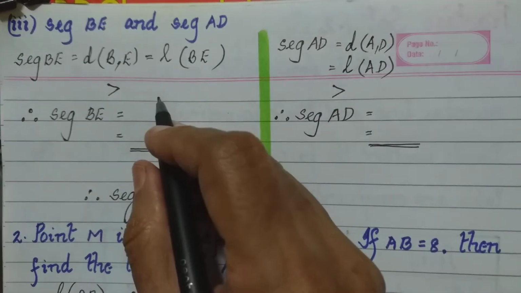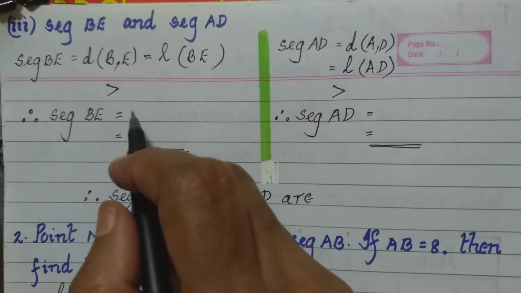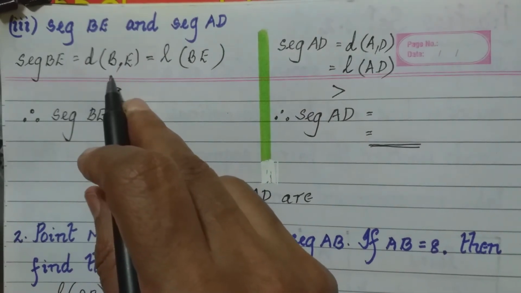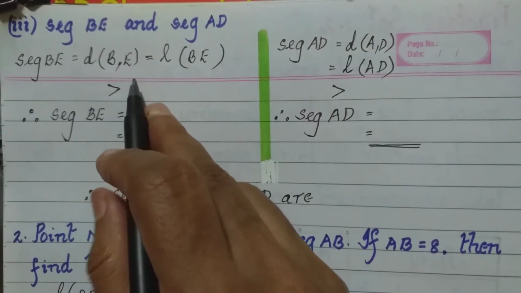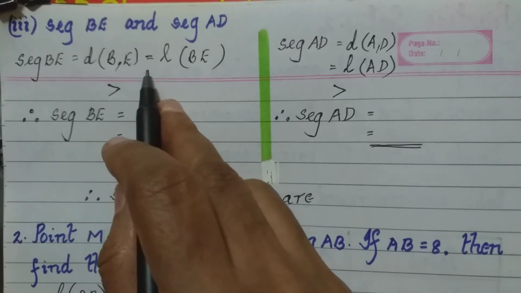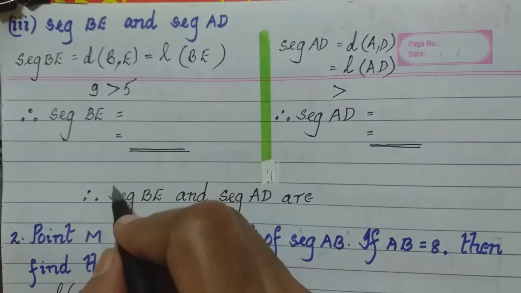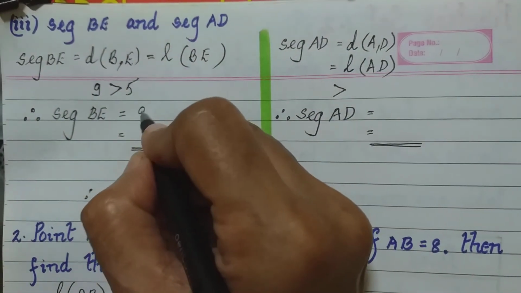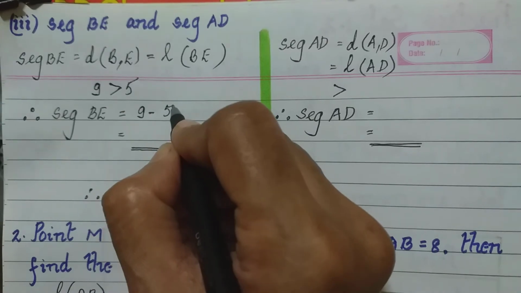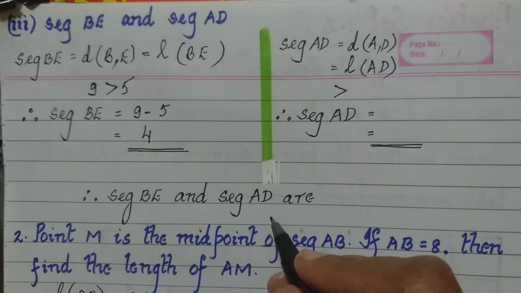Now let us look at the table. When we look at the table, we see the coordinate of B is 5 and of E is 9. We know that 9 is greater than 5, therefore I write 9 greater than 5. So segment BE equal to 9 minus 5, which is equal to 4.